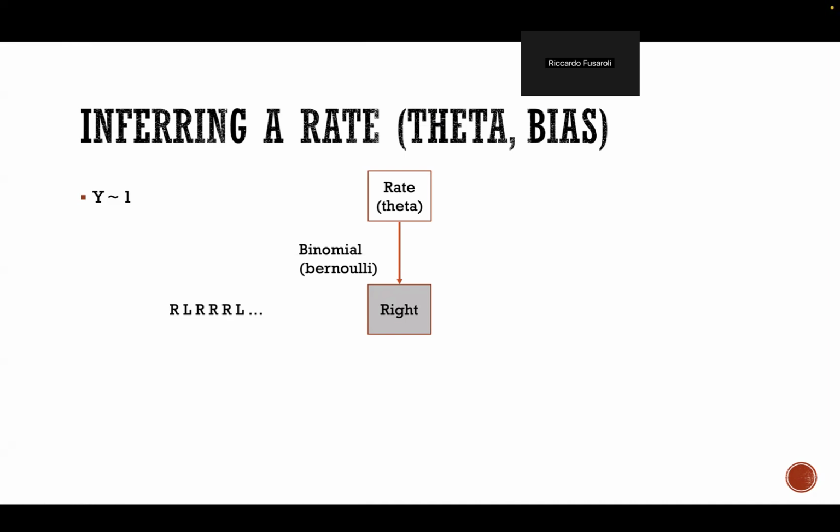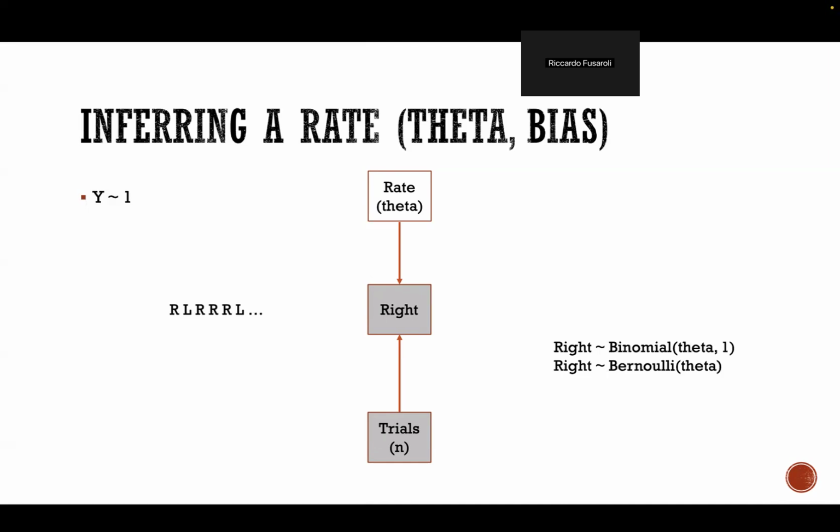Generally, as a convention, shaded blocks here are observed data. Unshaded blocks are inferred parameters or inferred variables. And then we have a certain amount of trials if we want to run the fully binomial.